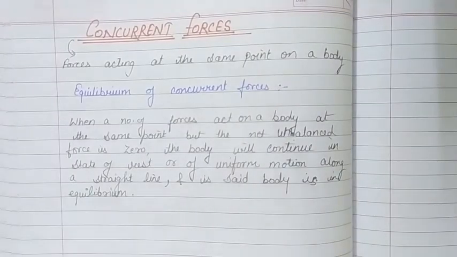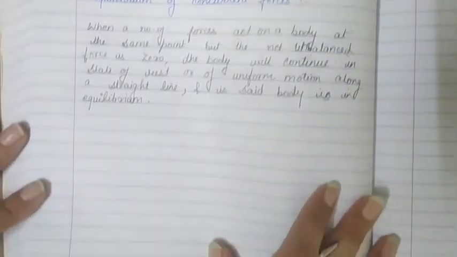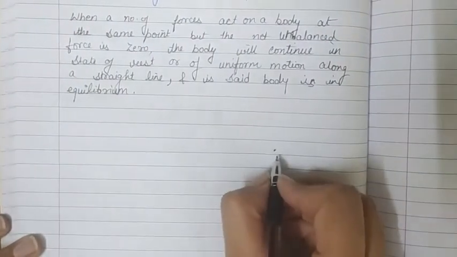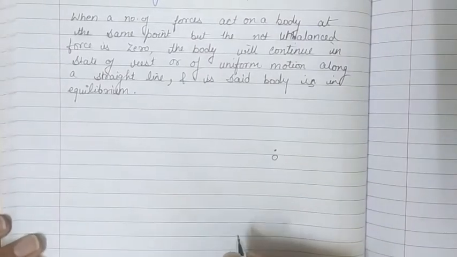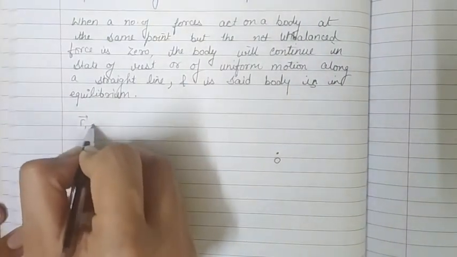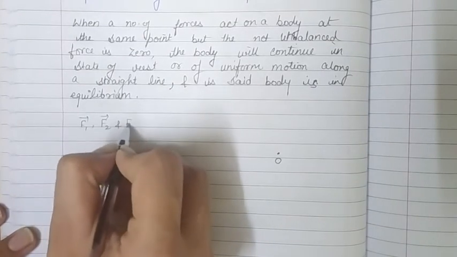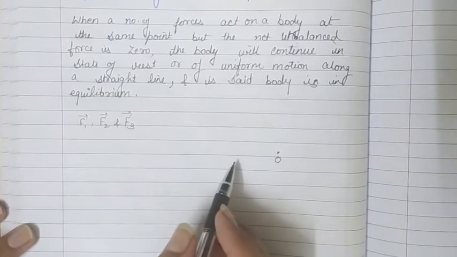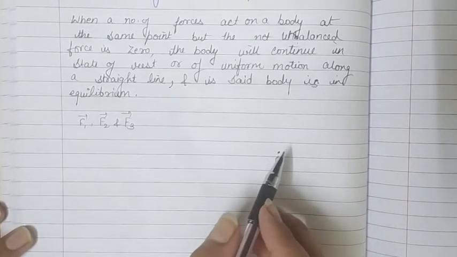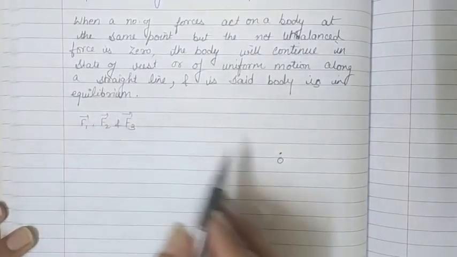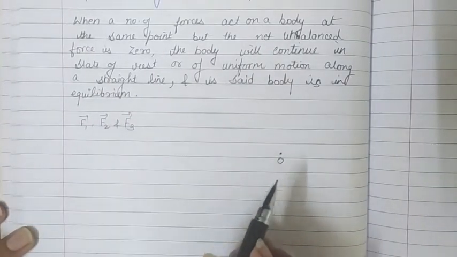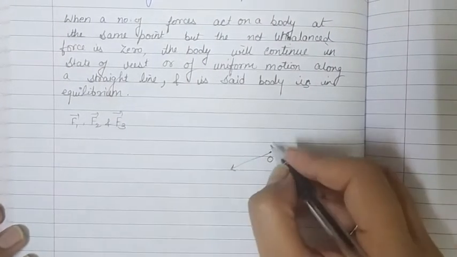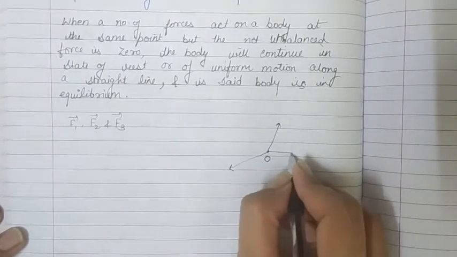To understand it via a diagram, we consider a point O on a body, and there are three concurrent forces, F1 vector, F2 vector and F3 vector, acting on that body at point O. Suppose this is one force, this is the other one, and this is the remaining one.